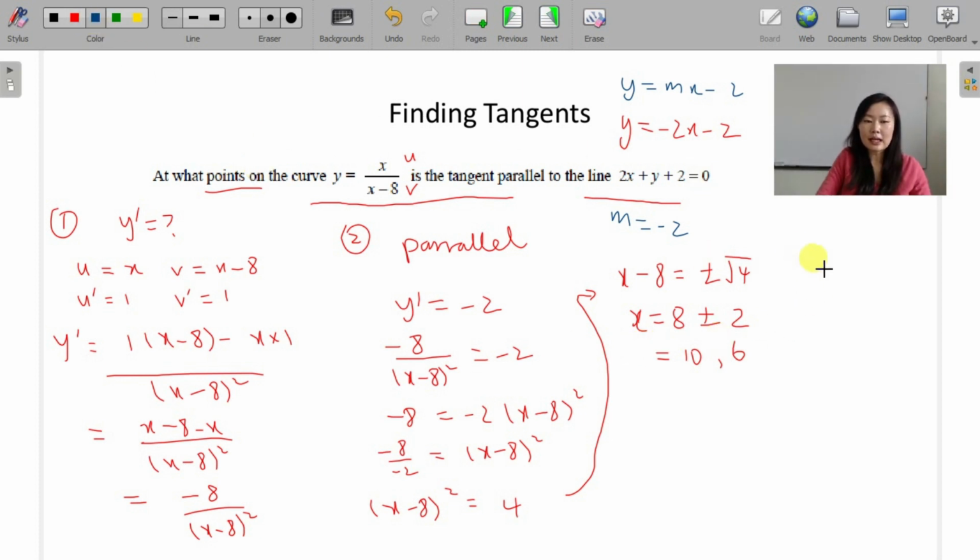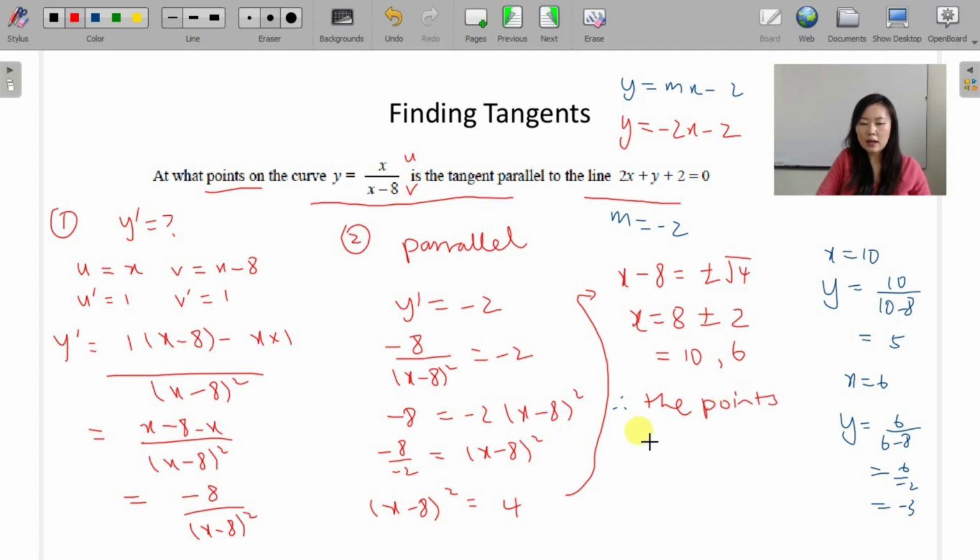Just quickly working out, when x is 10, y is 10 on 10 minus 8, which is 5. And when x is 6, y is 6 on 6 minus 8, so that's 6 on -2, which is -3. Therefore, the points are (10, 5) and (6, -3).